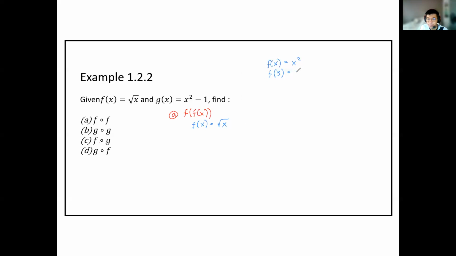This will give us 3 squared, and the function of x with respect to 3 would be 9, right? That's the concept. Since you are having double functions of f, we're going to replace this one with another square root of x.